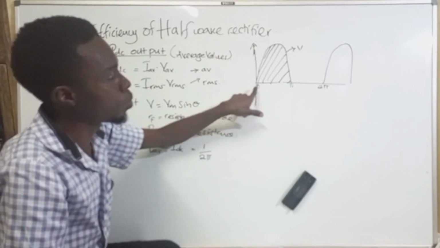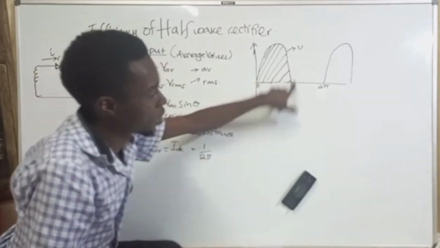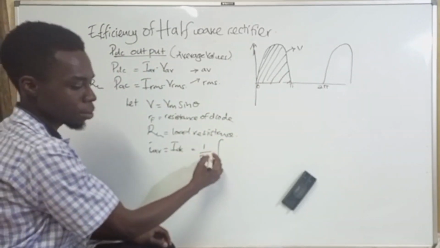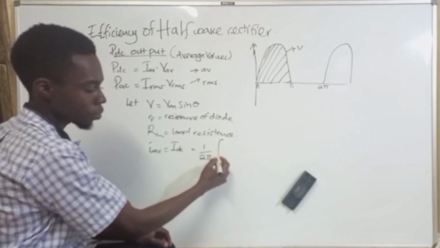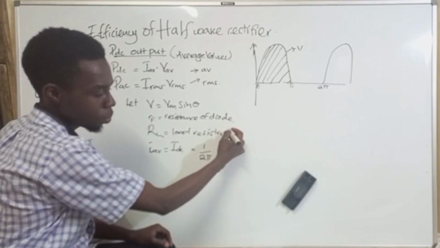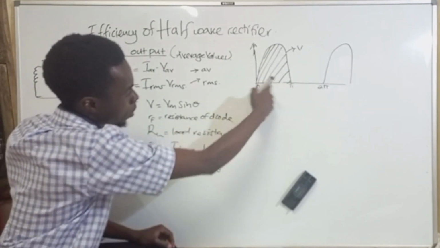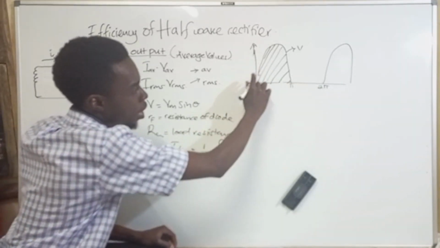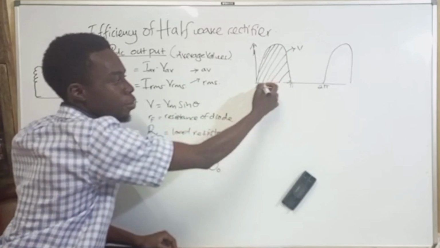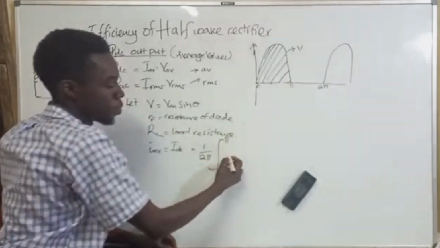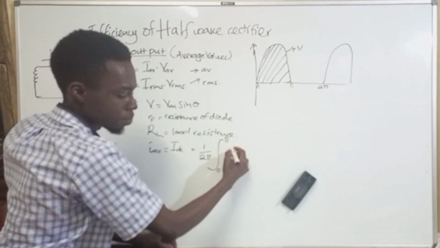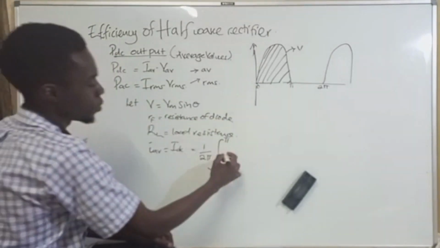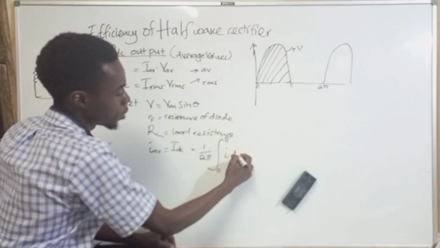So it is going to be 1 over the total distance it would have covered times the integral. Now we are going to integrate from 0 to pi, because our power is only given in pi. Our curve is high for only between 0 and pi. Then times our current which is flowing, which is i, with respect to theta.